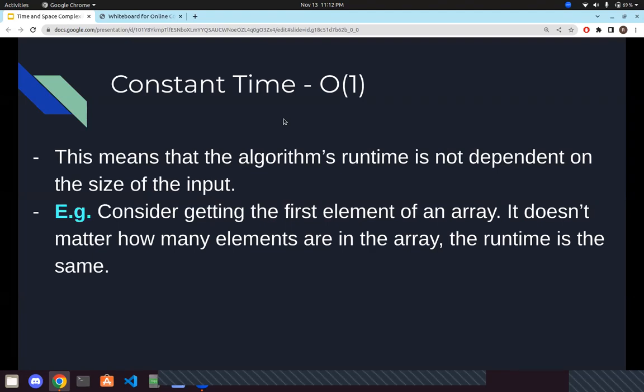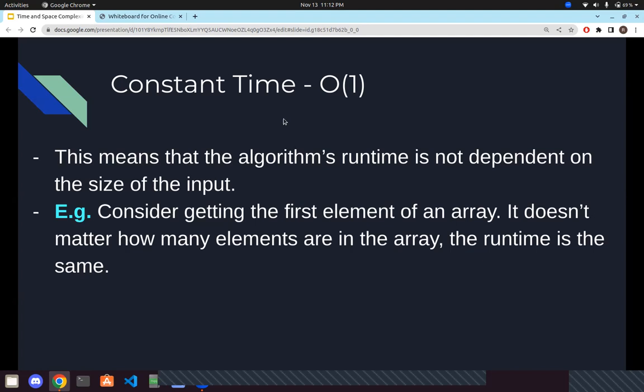So constant time. What constant time means is that the algorithm's runtime is not dependent on the size of the input. So for example, like I mentioned, accessing a specific index of an array, in this case, the first index. It doesn't matter how many elements are in the array.